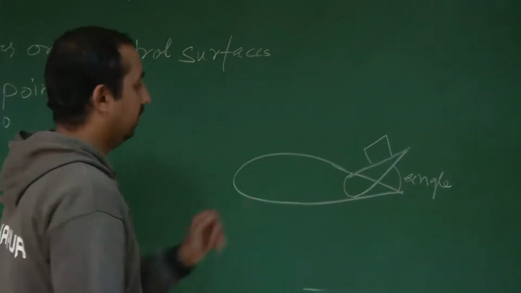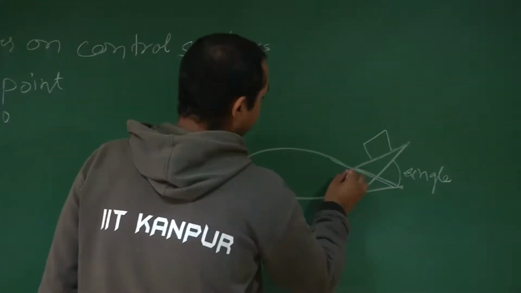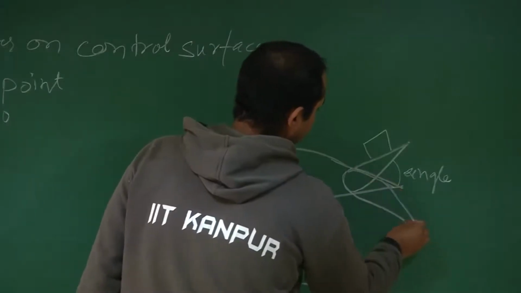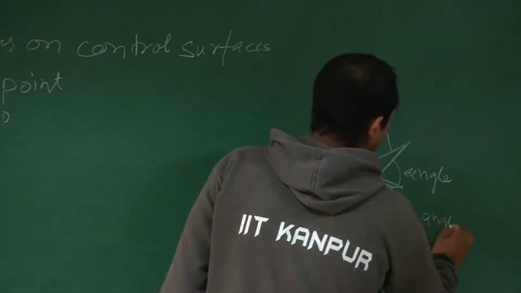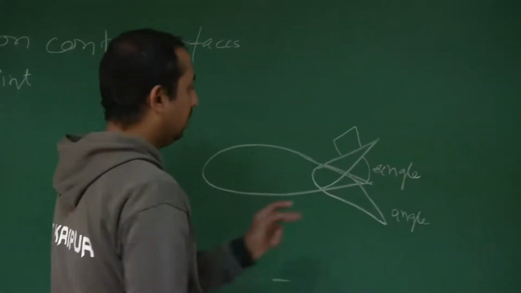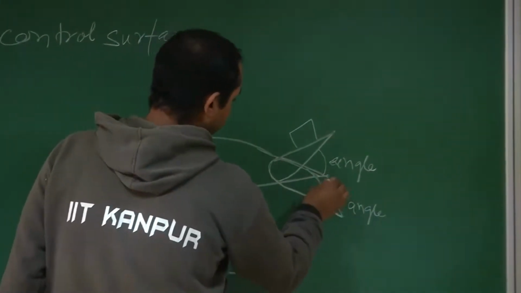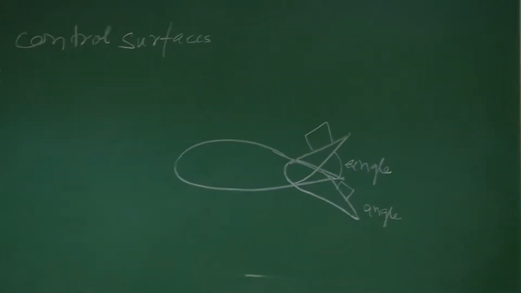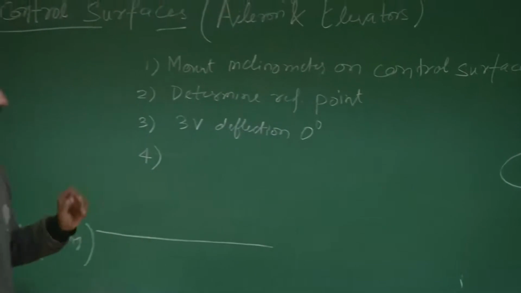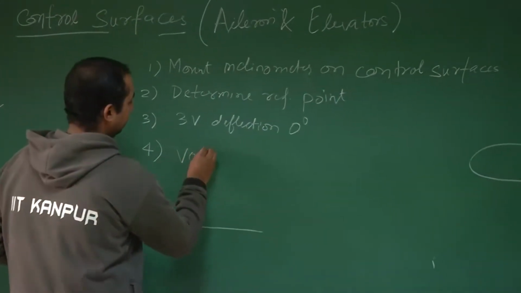This is for positive deflection. Similarly, for negative deflection, you have to measure the angle. You have to note that angle using the inclinometer, which will be mounted here, and corresponding to that, using the VI program, you will be able to get voltages.